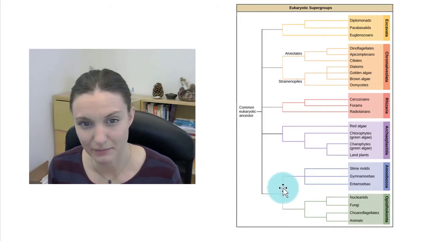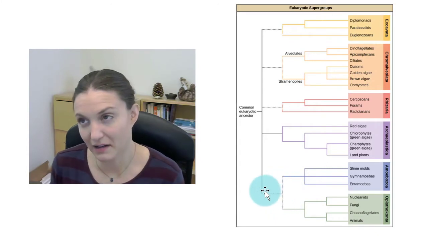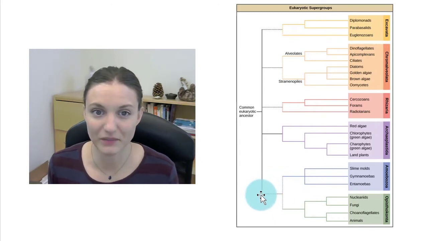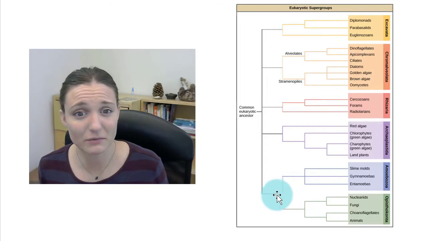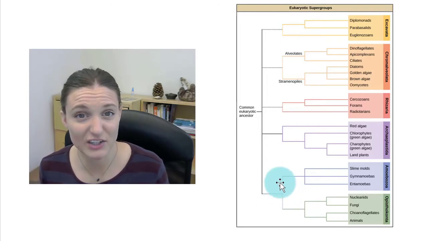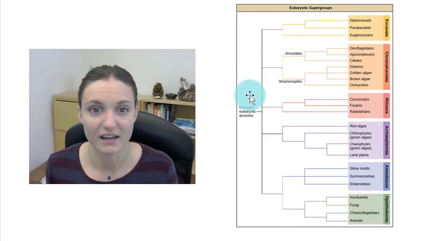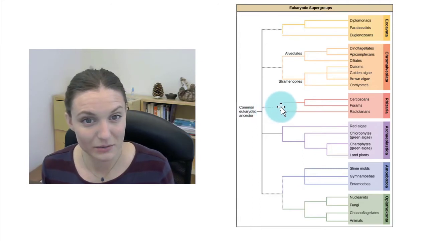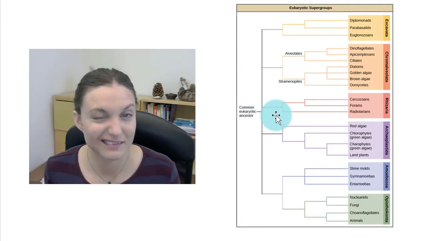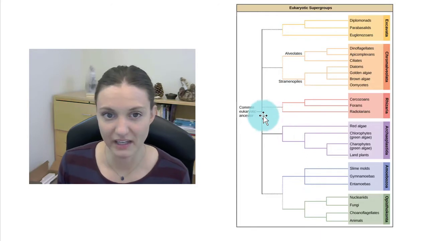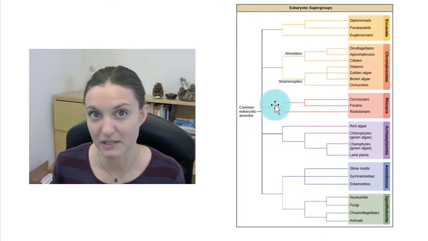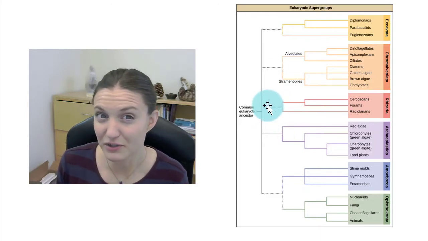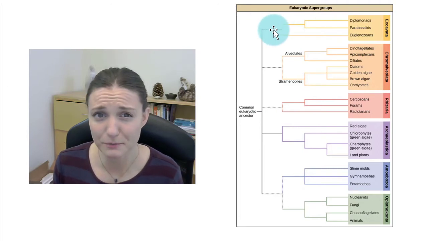And dashed lines sometimes just mean a general hypothesis. Like, we think that these all share one common ancestor and then they branch, but I'm not totally sure. Or we think that this group should be right here and then it branched, but we're not sure. Okay, so dashed lines mean we're not totally sure that they all share one lineage.